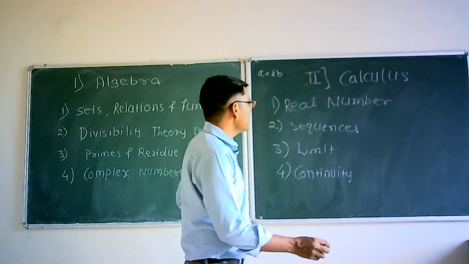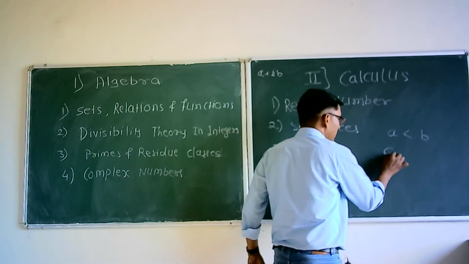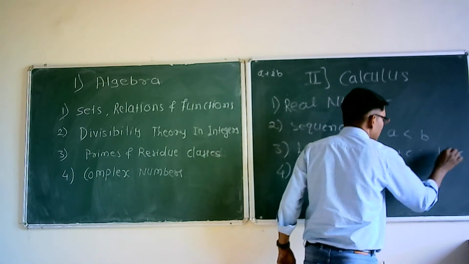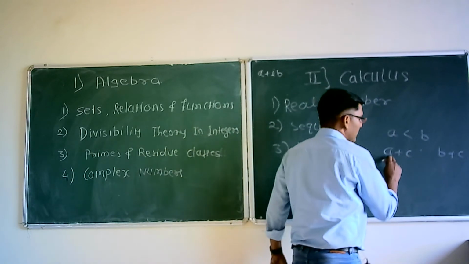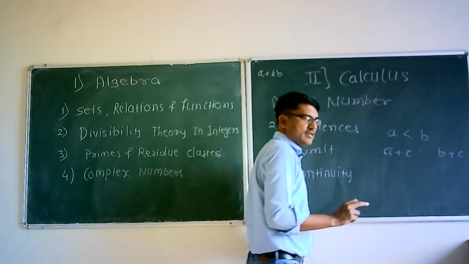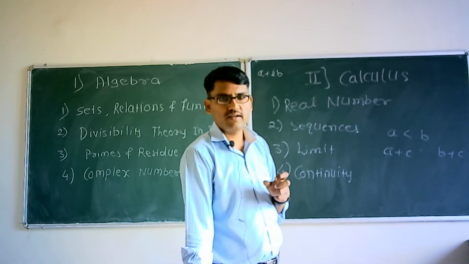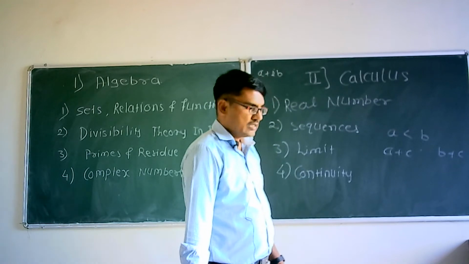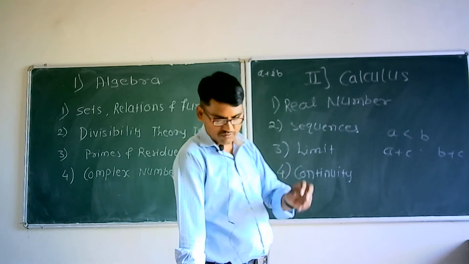That is, if I tell you A is less than B, then what is the relation between A plus C and B plus C, if C is positive? So these are some order properties of real numbers. Then next, absolute values of real numbers we are going to see in the chapter. What is absolute value?